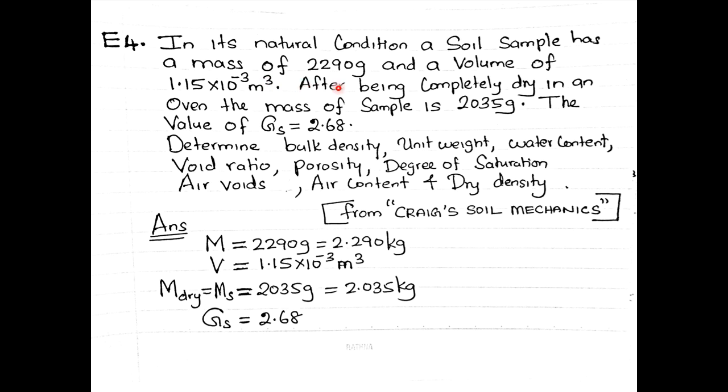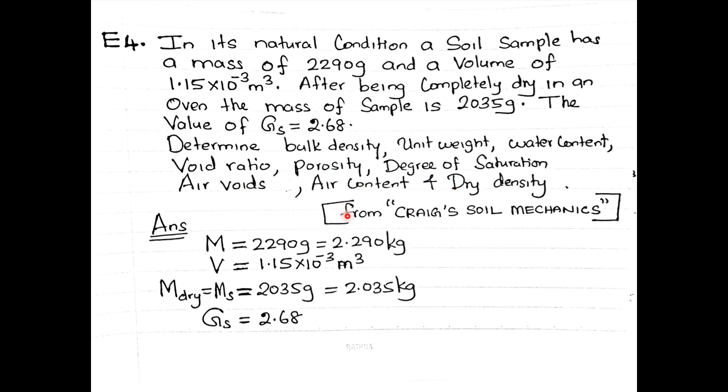After being completely dried in an oven, the mass of the sample is reduced to 2035 gram. The specific gravity GS is equal to 2.68. Determine the bulk density, unit weight, water content, void ratio, porosity, degree of saturation, air voids, air content and dry density.